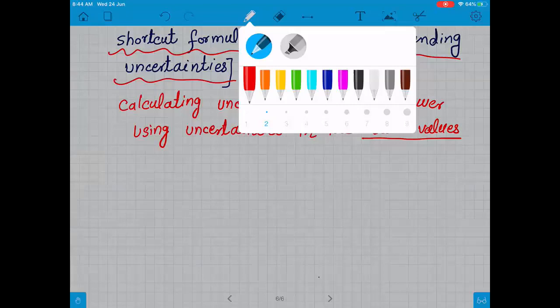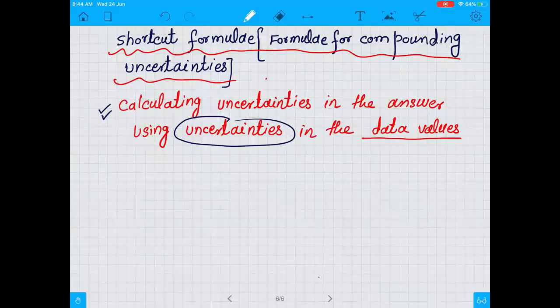Now in this part, we'll write formulae for uncertainties in terms of uncertainties. Like we'll write the uncertainty of the answer in terms of uncertainties in the given values.